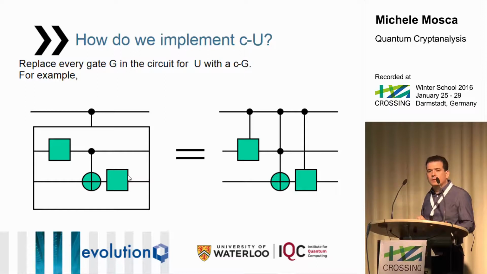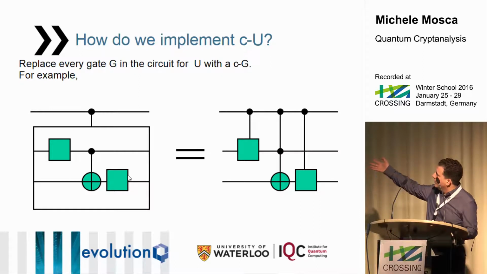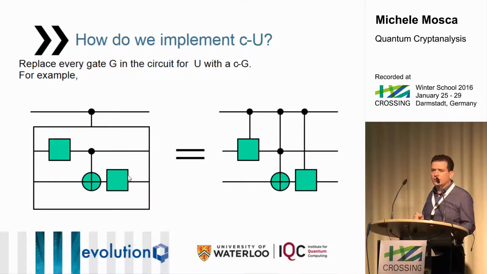So mathematically, the left-hand side and the right-hand side are equivalent. Your gate set is finite, so the controlled G for every G in my gate set is finite. You would recompile those controlled G's back in terms of your gate set and build up the right-hand side in terms of your universal gate set.